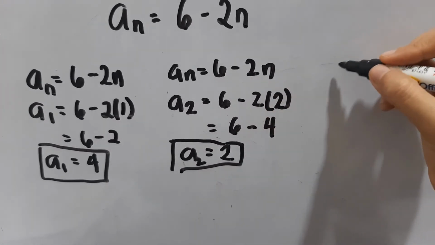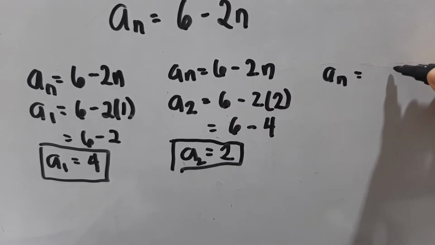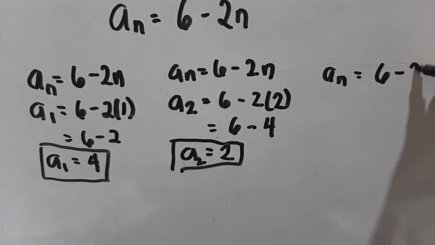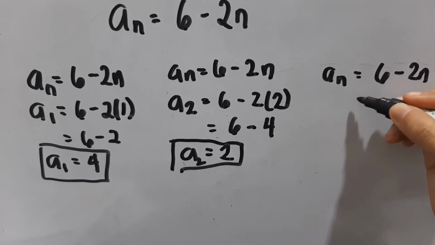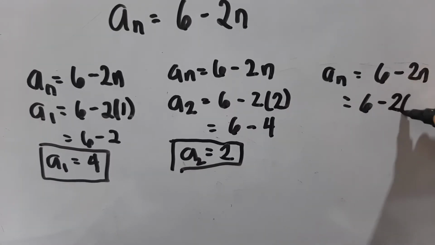And for the third term, a sub n equals 6 minus 2n equals 6 minus 2 parenthesis.